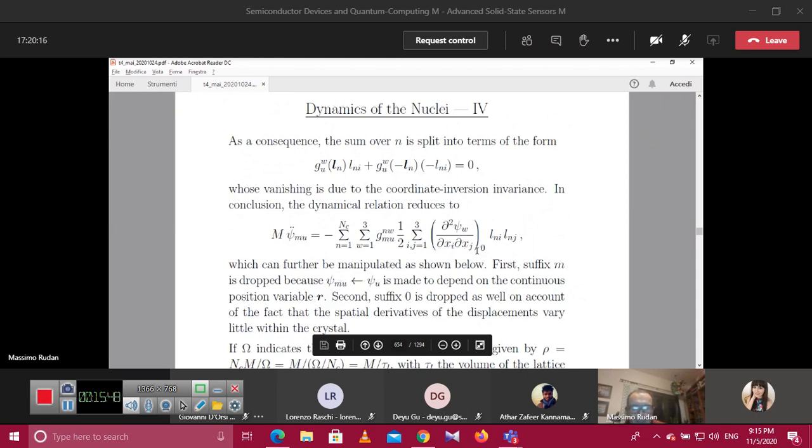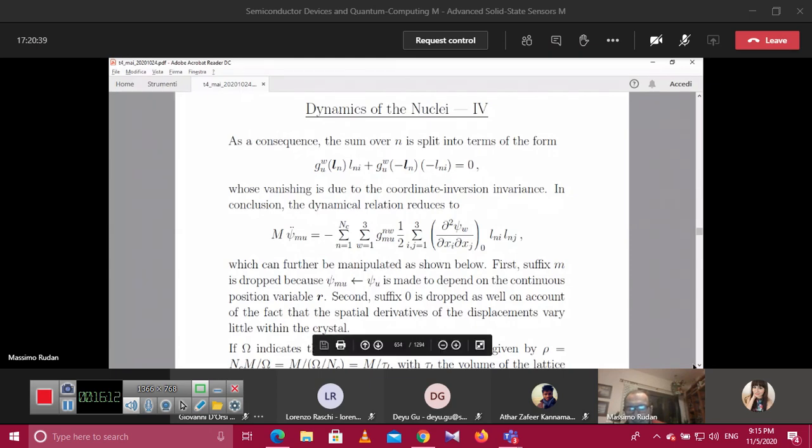Also, we neglect this suffix 0 because you remember in the expansion we expanded around the origin, but we do not expect that this second derivative will change very much from one position to another, so we do not consider anymore the suffix 0.